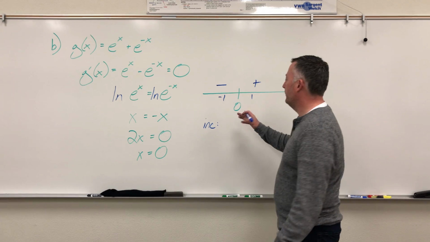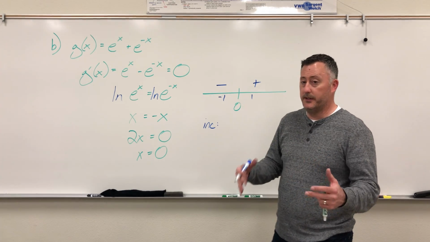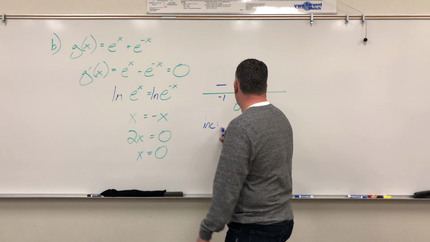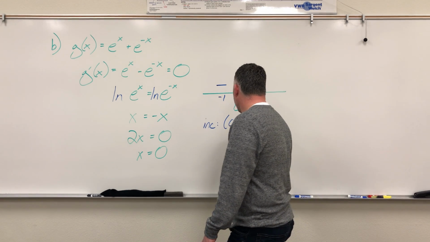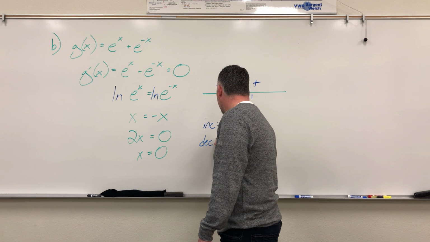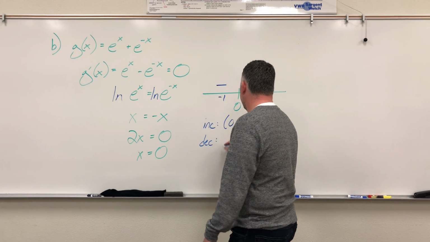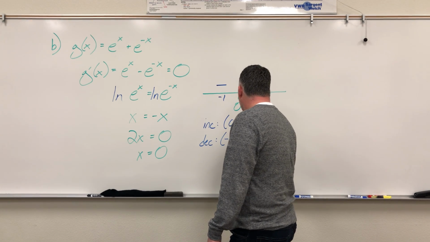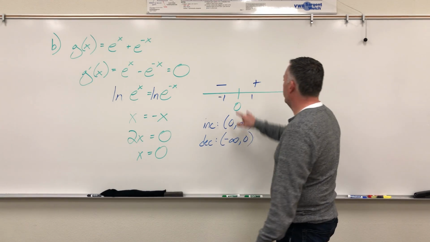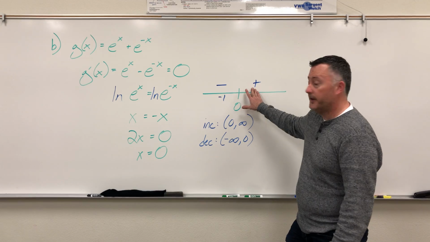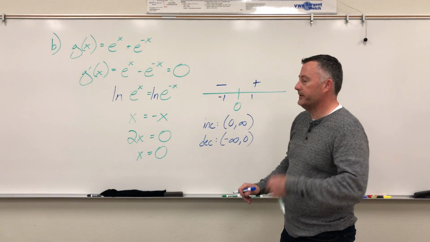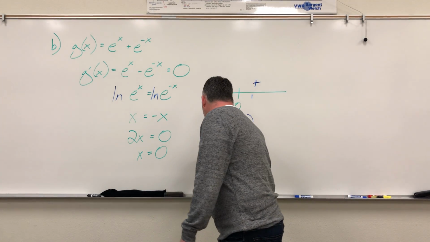So from this sign chart, we can get the intervals of increasing and decreasing. So it's increasing from 0 to infinity. It's decreasing from -infinity up to 0. And if you look at your signs, the minus and the plus, that's a sign change. It's switched from negative to positive, so that is a relative min.